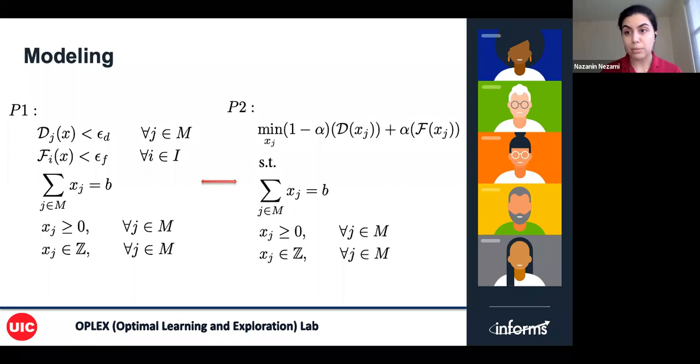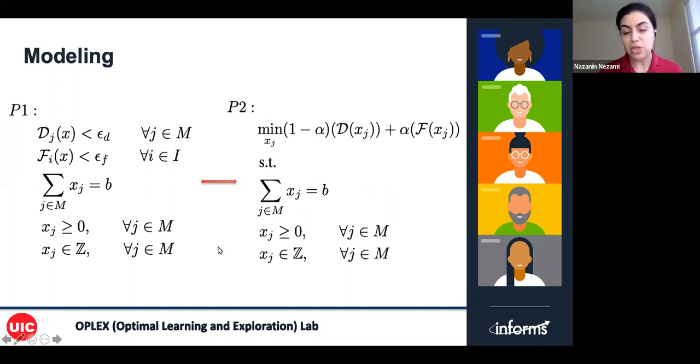One thing that is really important is that not for every alpha value is the solution to P2 going to be equivalent to P1. So we really need to tune the feasible range for the alpha value in a way that the solution to P2 actually satisfies these user-defined thresholds epsilon_D and epsilon_F. And that way, by solving P2, we can solve P1.